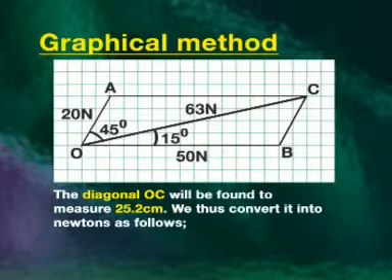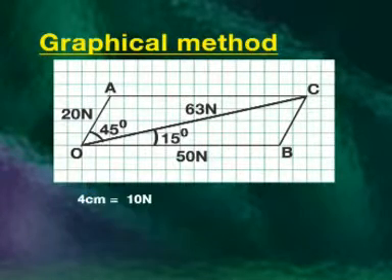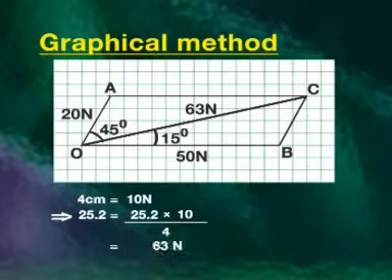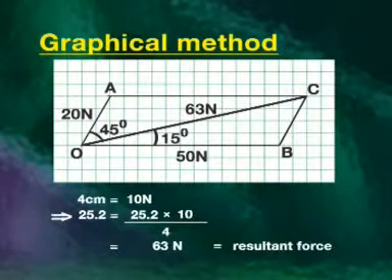We thus convert it into newtons as follows. 4 centimeters equals 10 newtons, which was the scale we used for the graph. This implies that 25.2 equals 25.2 times 10 divided by 4, and this gives us 63 newtons. That is the resultant force.